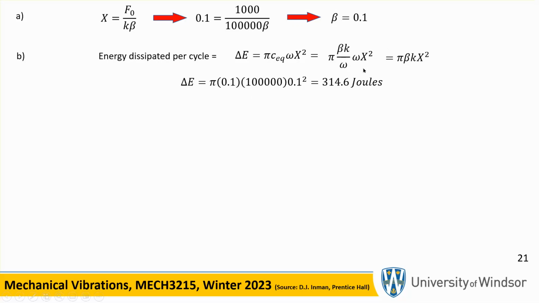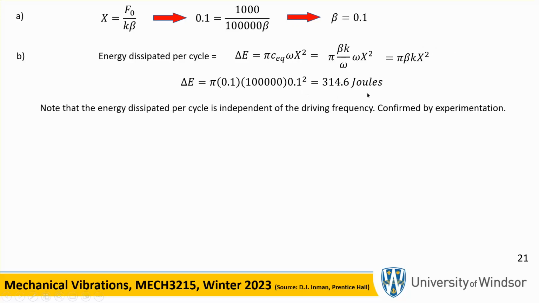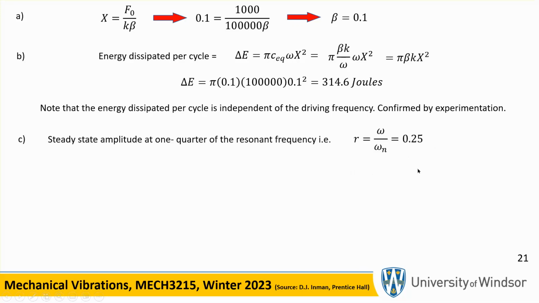So you have pi, beta, which we just worked out, K, the stiffness that we found initially, and the amplitude 0.1 squared. This is at resonance, because the amplitude at resonance is 0.1. That much energy is lost per cycle. And notice that omega just disappeared. Energy dissipated per cycle is independent of the driving frequency, which is confirmed by the experiment.